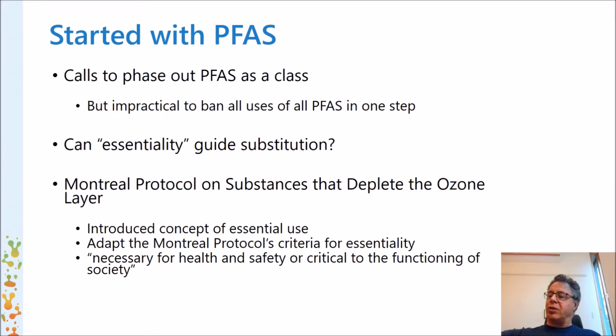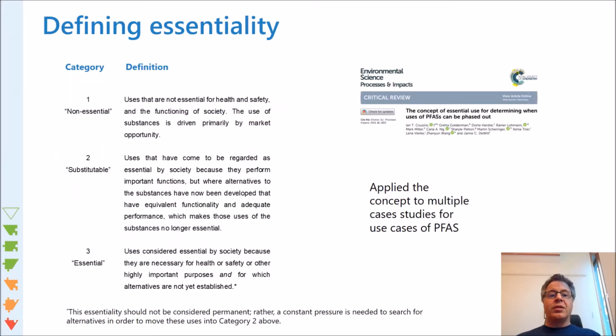In the Montreal Protocol, the essential use concept was used to guide the phase out of ozone depleting substances. Uses were only considered essential if they were necessary for health and safety or critical to the functioning of society. So we decided to adapt the Montreal Protocol definitions and apply them to PFAS.